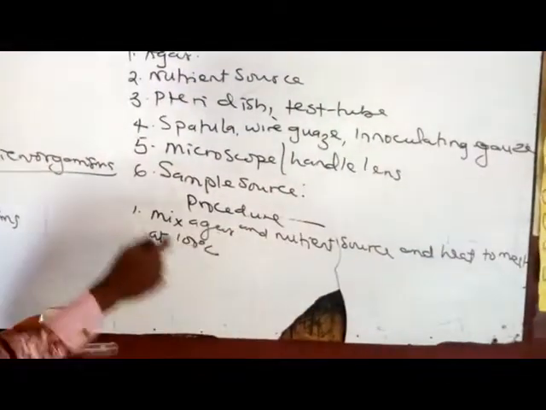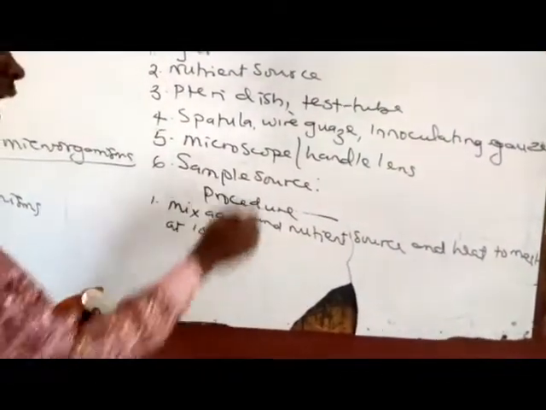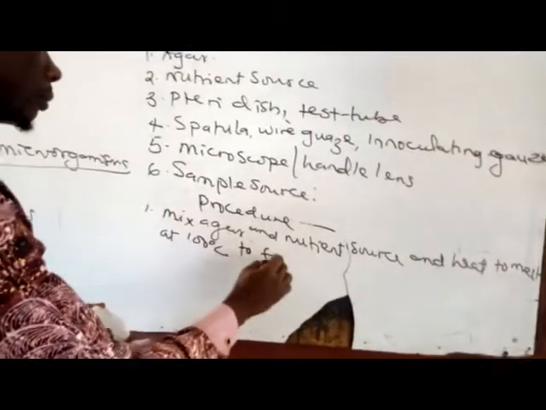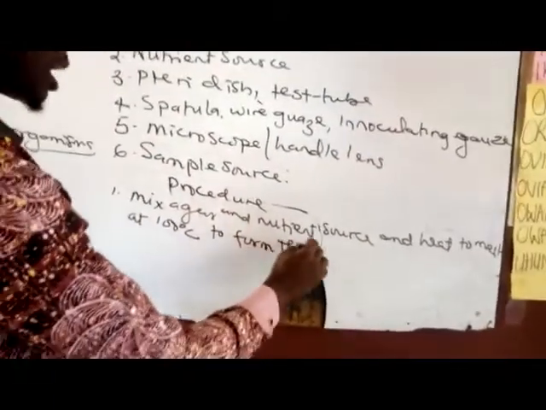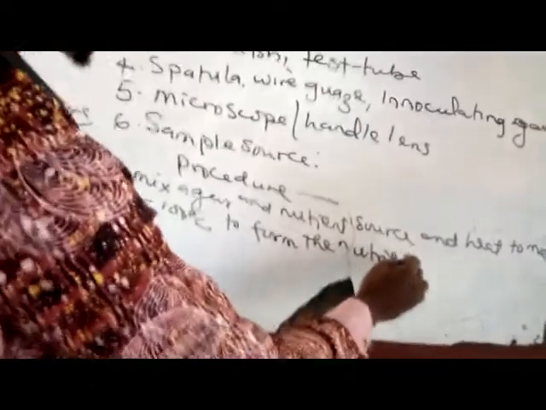Once this is done, it becomes a nutrient agar. This nutrient agar is the one on which the organism will grow.